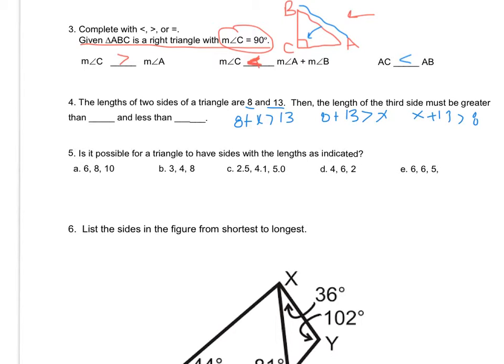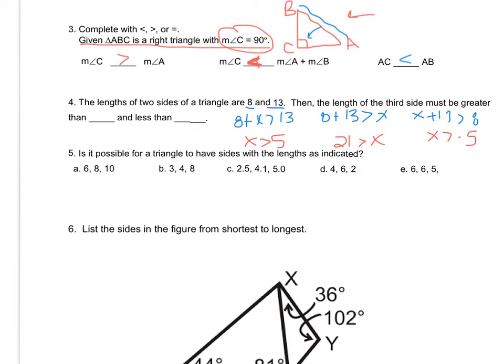What we do is we solve these inequalities, which I will let you do. We get x is greater than 5. 21 is greater than x. So the way that we read this is x is less than 21. And over here we have x is greater than -5. Now remember, we are talking about side lengths.